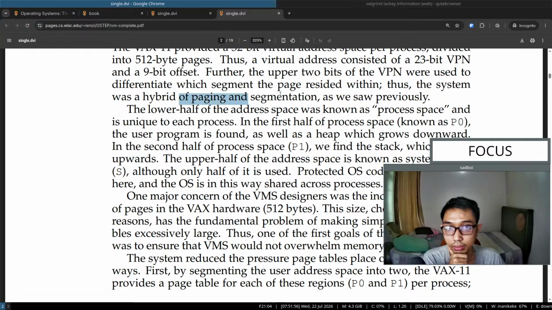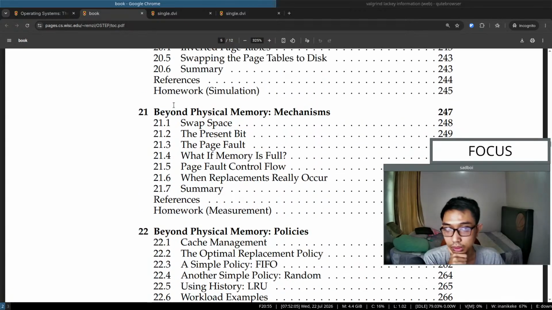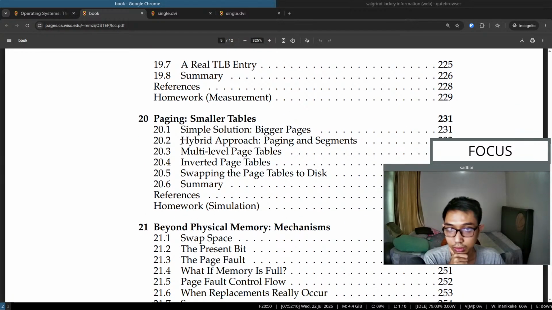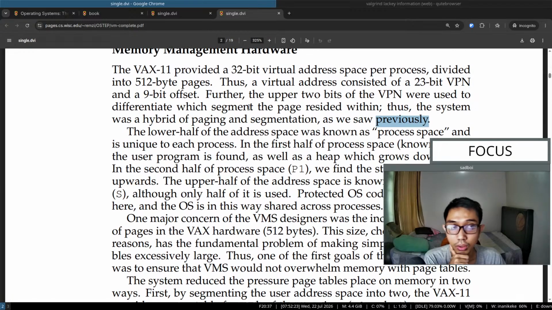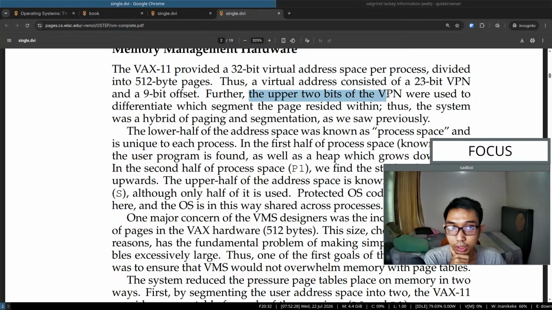Thus the system was a hybrid of paging and segmentation, as we saw previously, from the chapter, I think chapter 20, section 20.2, hybrid approach, paging and segmentation.